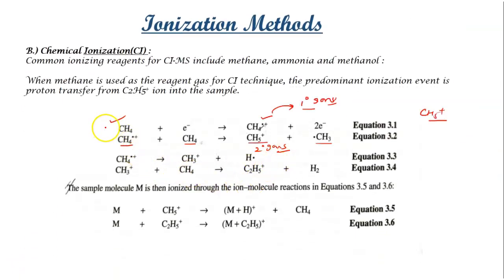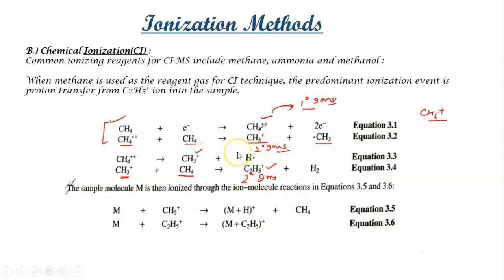Also, this ion, if you see it getting decomposed, can get fragmented like this. So this CH3 plus is also a sort of primary ion. If it reacts with excess methane gas, it again forms a secondary ion, that is C2H5 plus.